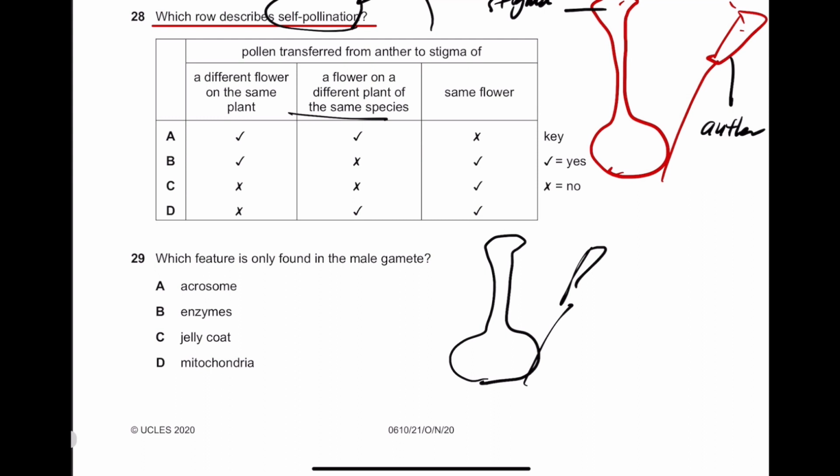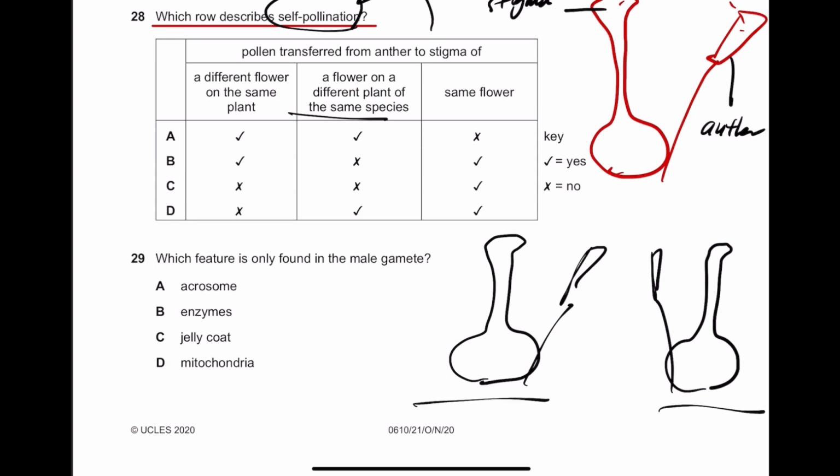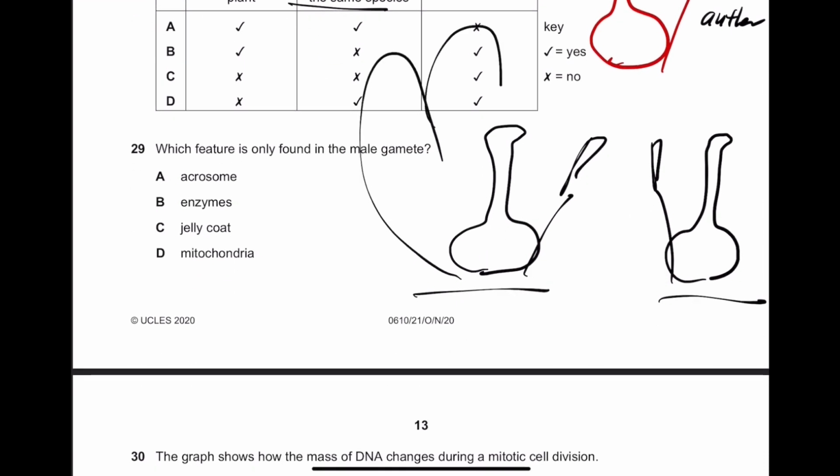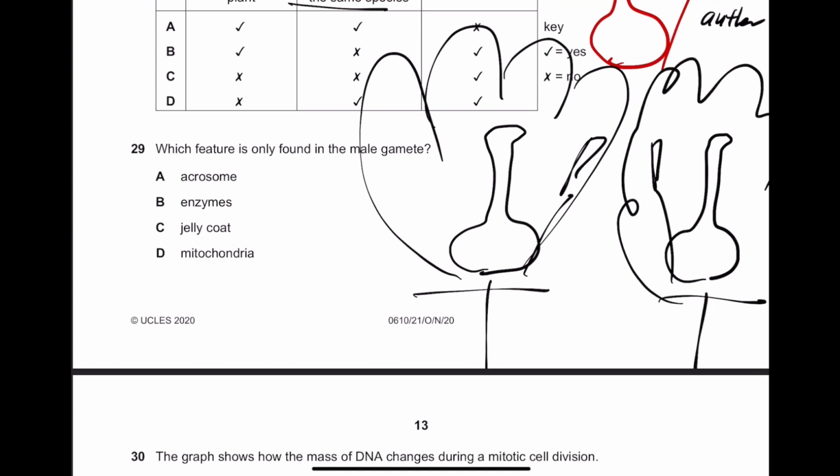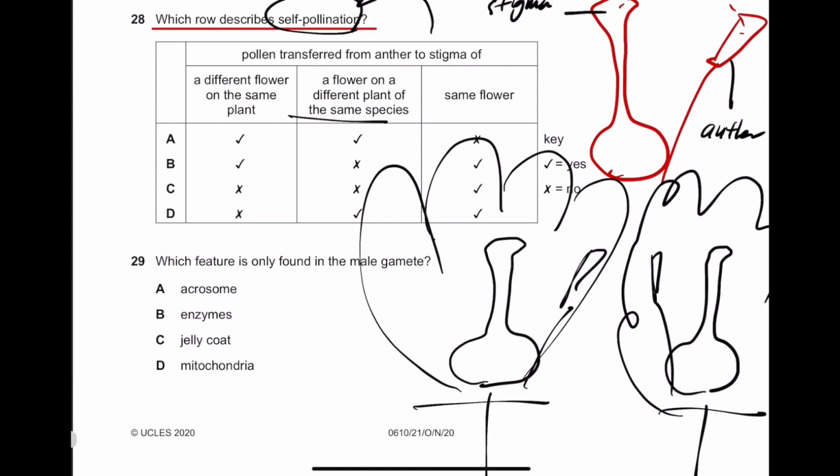Different plant of the same species means they are the same species, but they are different plants, so they have different genetic information. They have different genes.